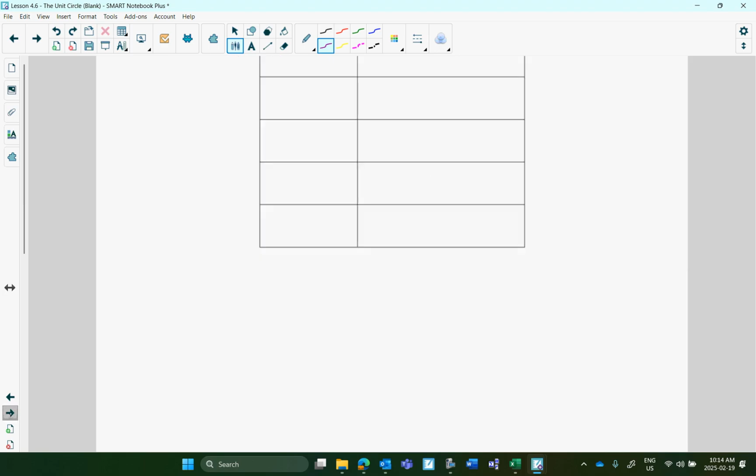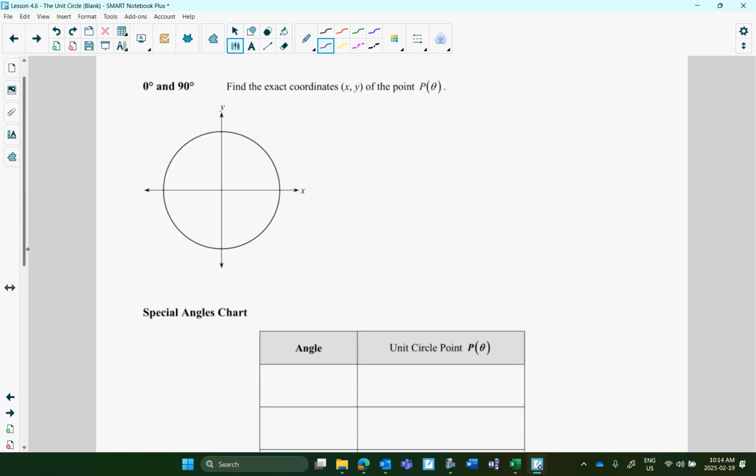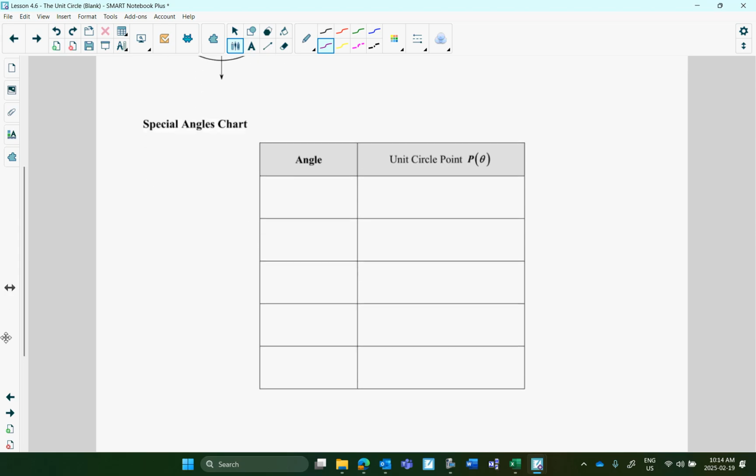So here, I'm just going to go down to here for a second. I'm going to put these ones in here because we're going to talk about a couple of angles on there. If the triangle coming out from the origin was 30 degrees, this was the point on the unit circle.